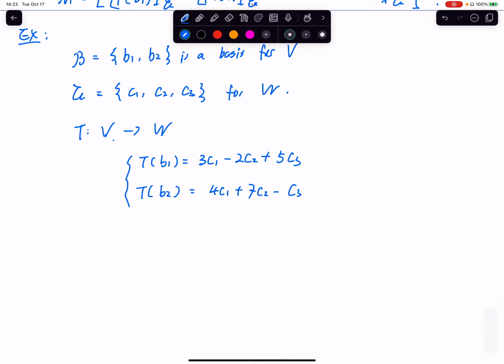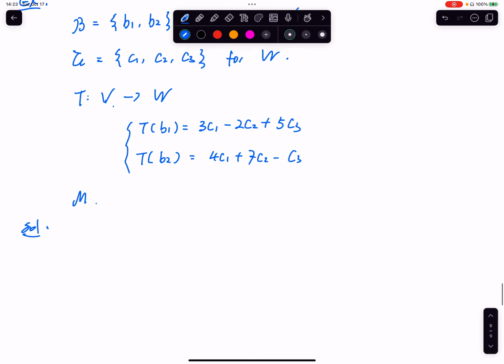We want to find the corresponding matrix for the linear transformation T relative to the bases B and C. Namely, we want to find M, and this is the solution.